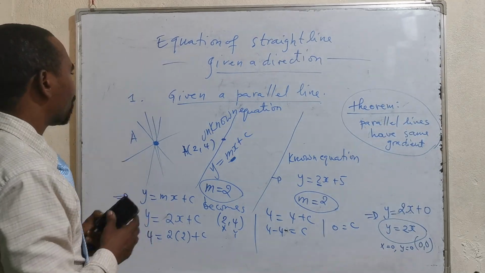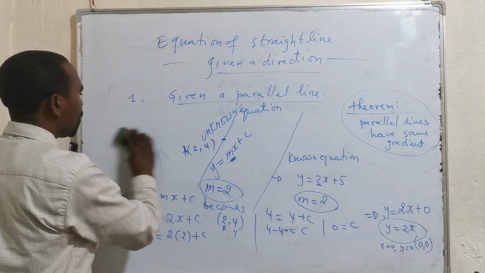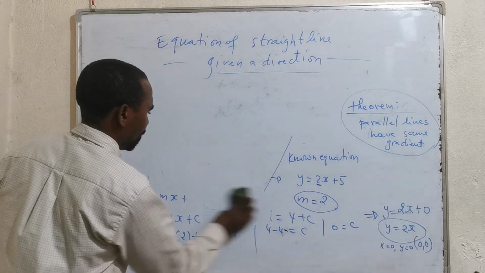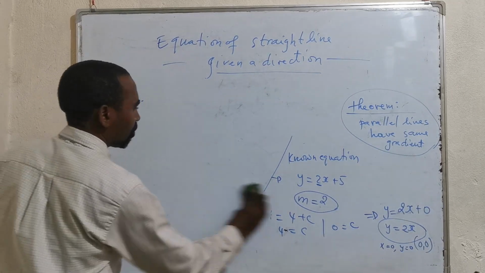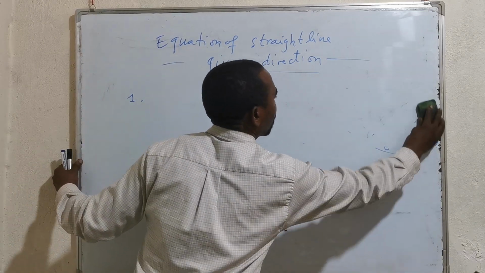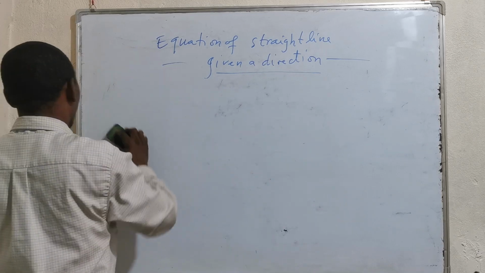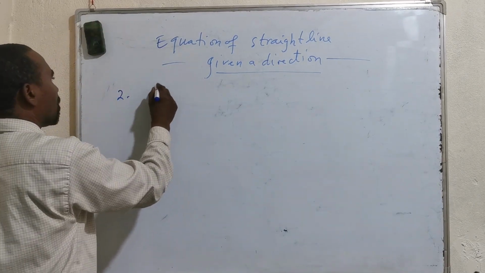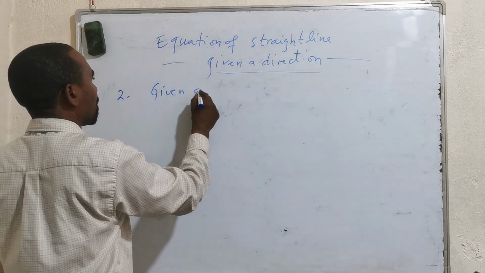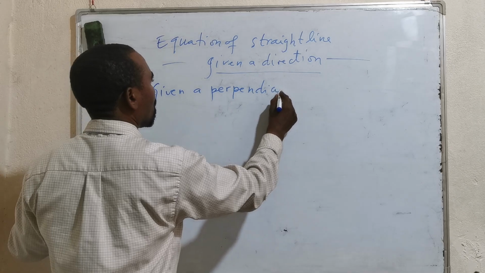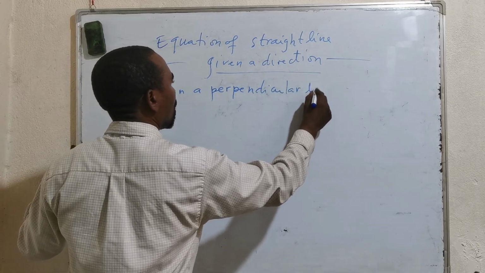Second type: when you are given a perpendicular line.